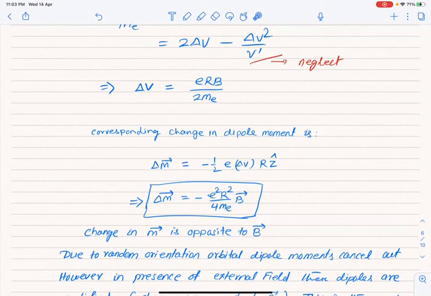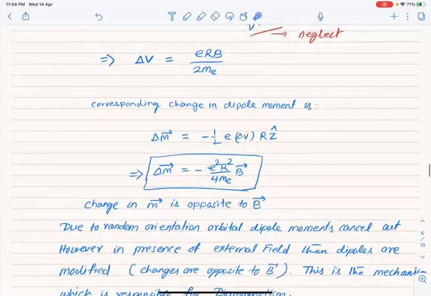Okay, so what does it mean? It means that when you have an external magnetic field B, your dipole moment changes in an opposite way. There is a negative sign here. Okay, so which means the change in M, that's very important now. The change in M is opposite to B, or your magnetization is now opposite to the applied field.